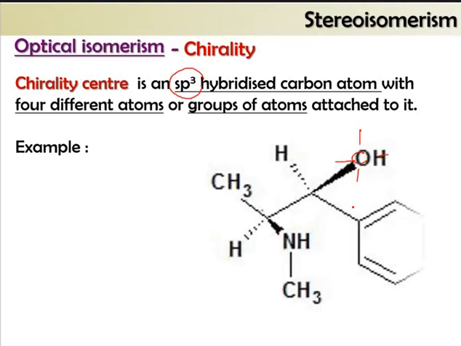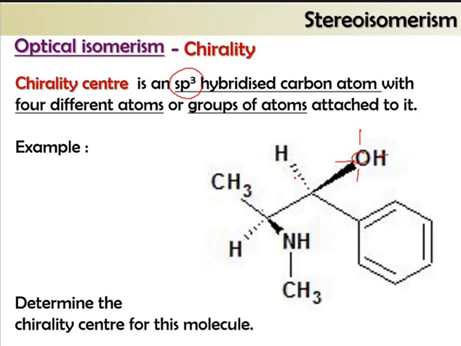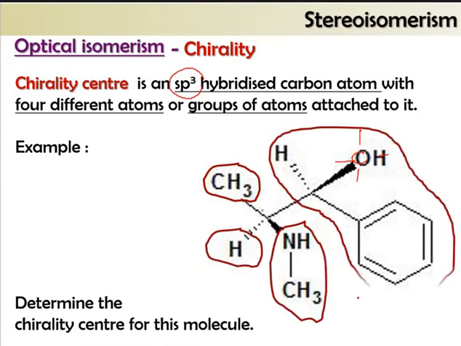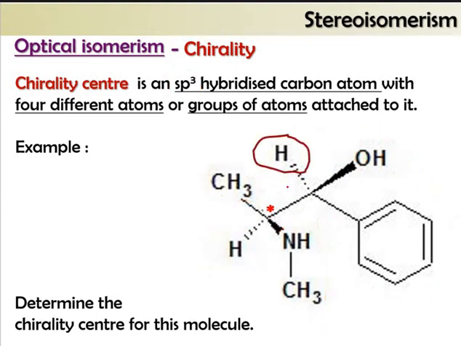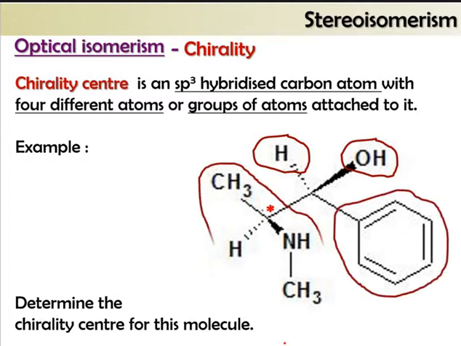Okay. So for example, we have CH3 here, hydrogen, NHCH3, and then this big group. Okay, so we have chiral carbon here, so we mark as asterisk. Okay, and then we have one hydrogen here, OH group, benzene group, and this big group.